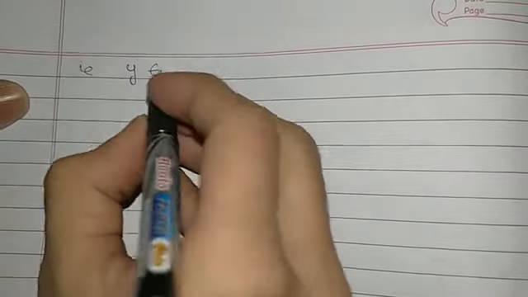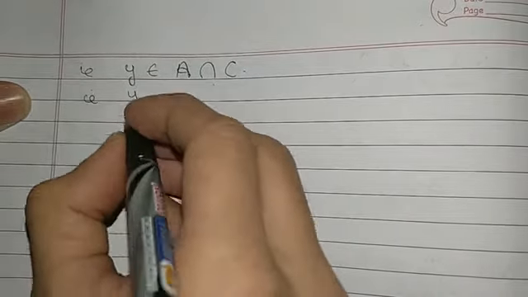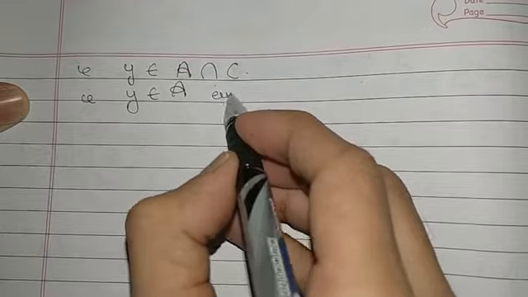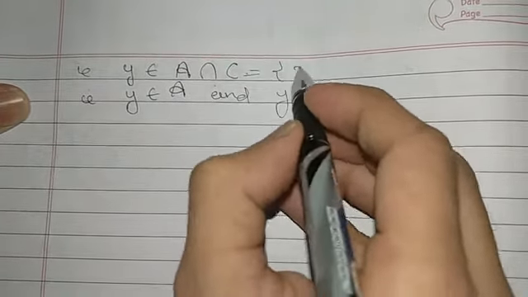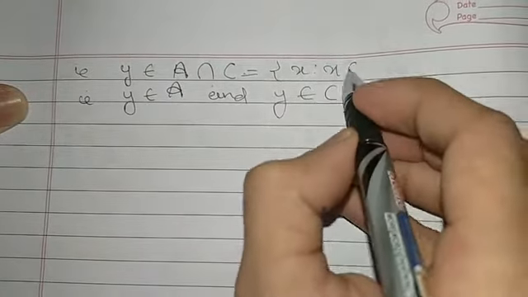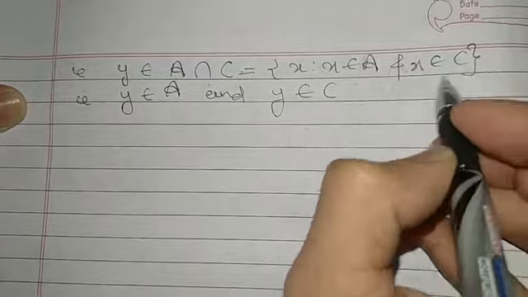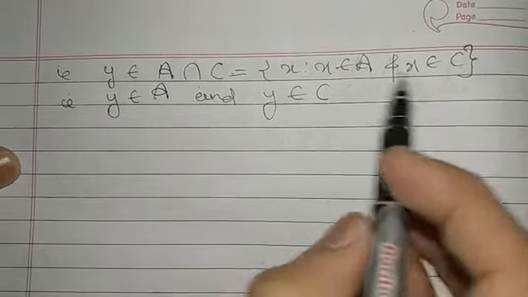So I will write it again. Y belongs to A intersection C, that is Y belongs to A, intersection means and, and Y belongs to C. If you look at this set, that is X such that X belongs to A and X belongs to C, you can see that Y will satisfy this condition.